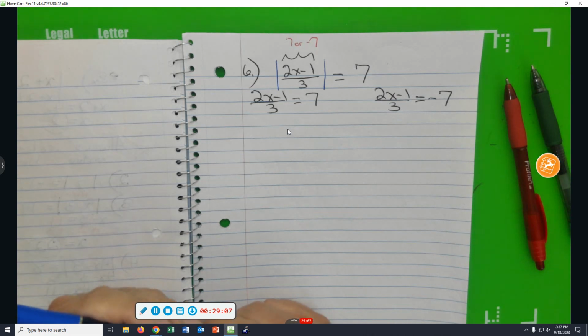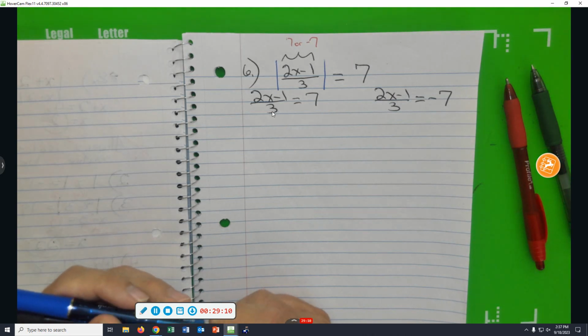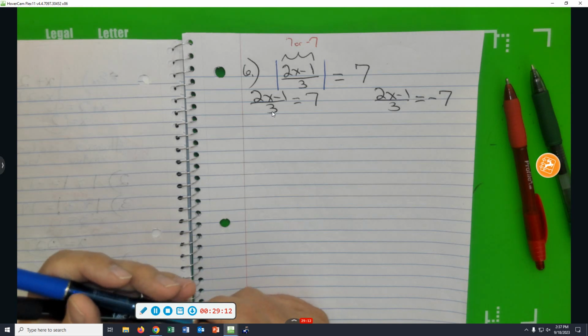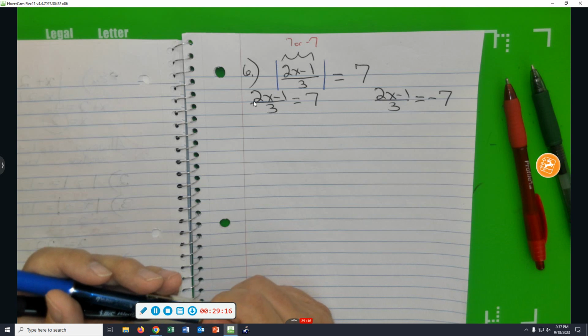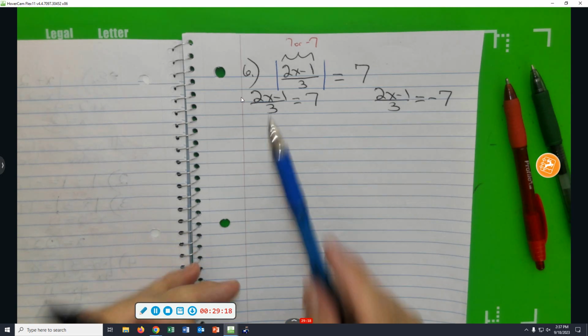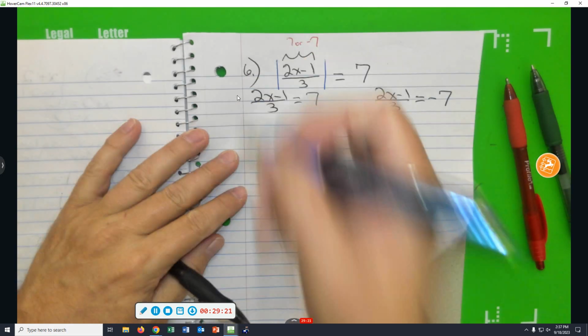What do y'all want to do? I can think of 2 different approaches to eliminate those fractions. Multiply both sides by 3.